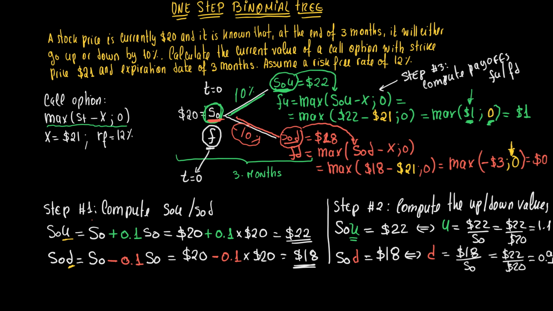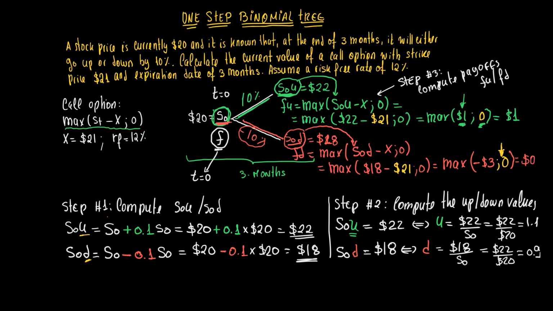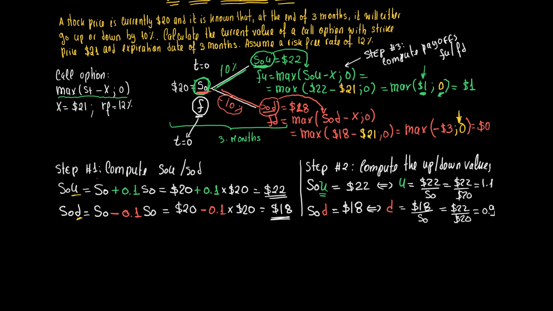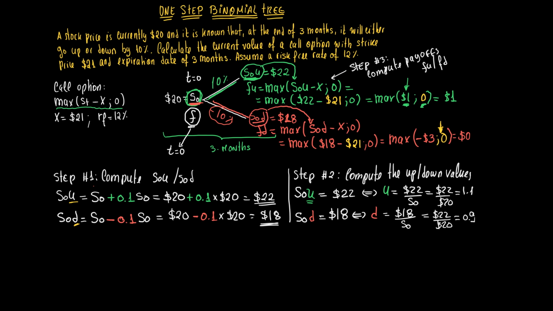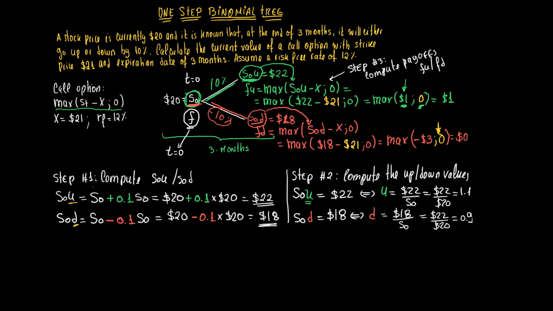Well, if I want to find the value of f, I will first need to know the risk-neutral probabilities. So the next step will be to compute, step 4, the risk-neutral probabilities.